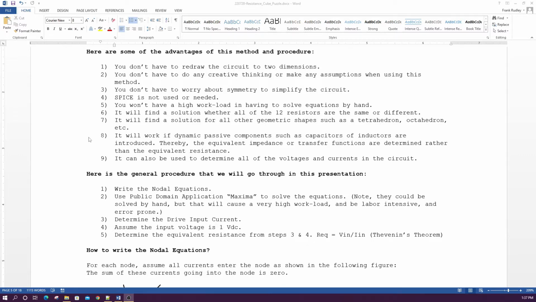Now, number 8. This method not only will work for resistors, but it'll also work for dynamic passive components such as capacitors or inductors. Rather than equivalent resistance, you get equivalent impedance, where transfer functions are determined.